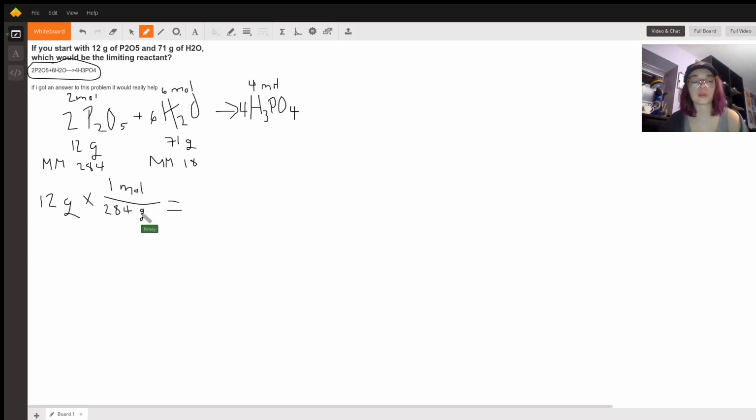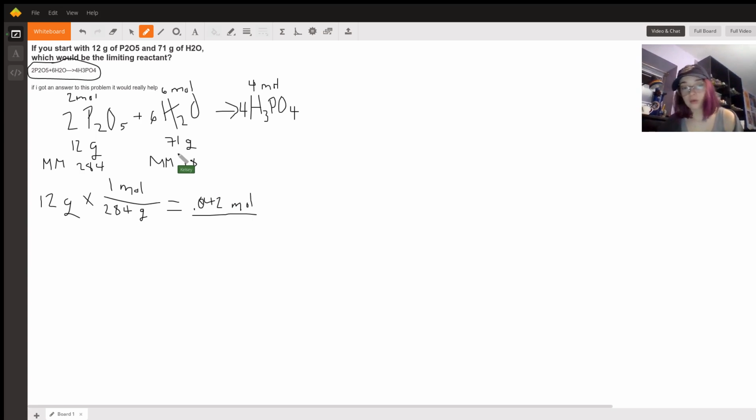So essentially what we're doing here is dividing 12 grams by the molar mass of the compound. And what we get is about 0.042 moles. So that's how many moles we have of the P2O5.